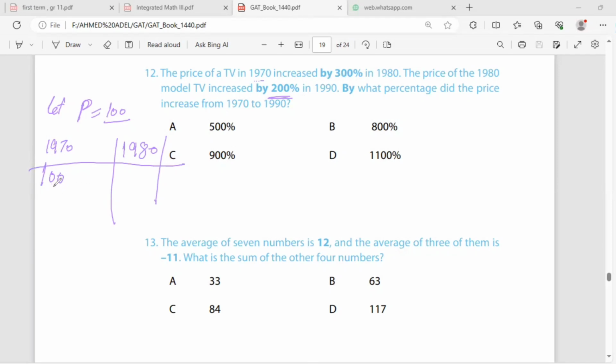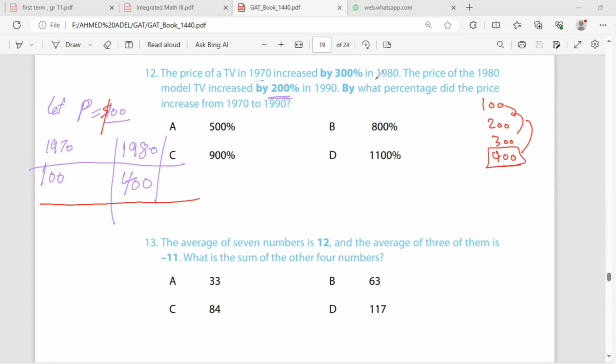So here 300% times 100 is 300. $300 plus $100, so the price will be 400, not 300. The price increased by 300%. If the price 100 increases by 100, it's going to be 200. Increase again by 100, it's 300. Increase again, it's going to be $400.